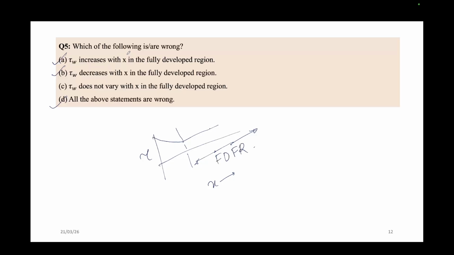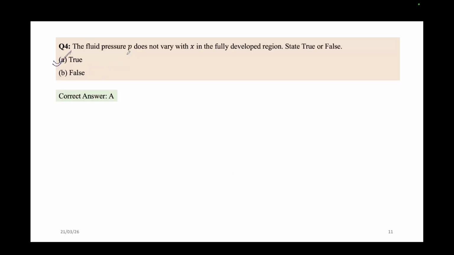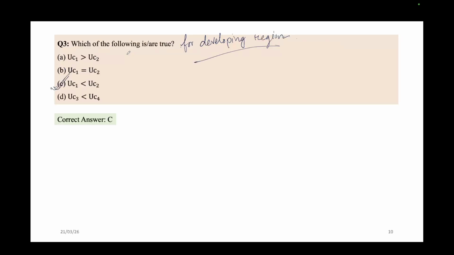Any confusion up to this, please let me know. Option B, see, for the section 3 and 4, it is in the developing region.